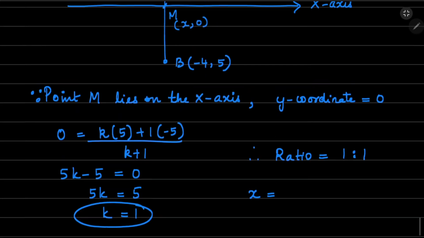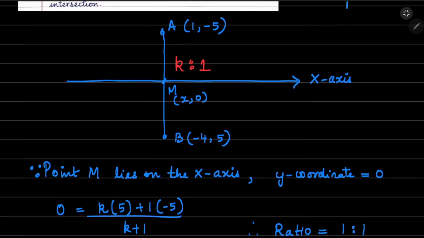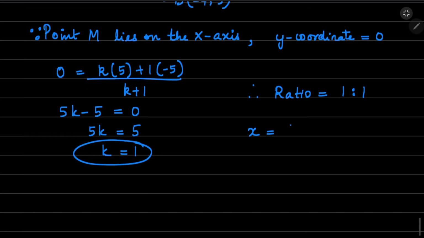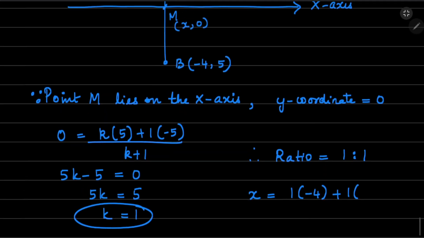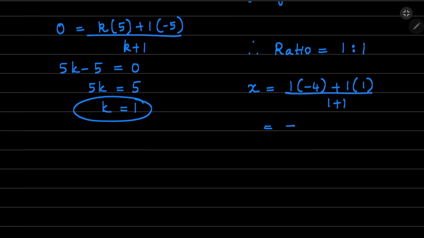Again, k is 1. So x will be equal to 1 into minus 4 plus 1 multiplied by 1 divided by 1 plus 1. X is equal to minus 4 plus 1 by 2, which is equal to minus 3 by 2. Therefore the x coordinate of the point is minus 3 by 2.